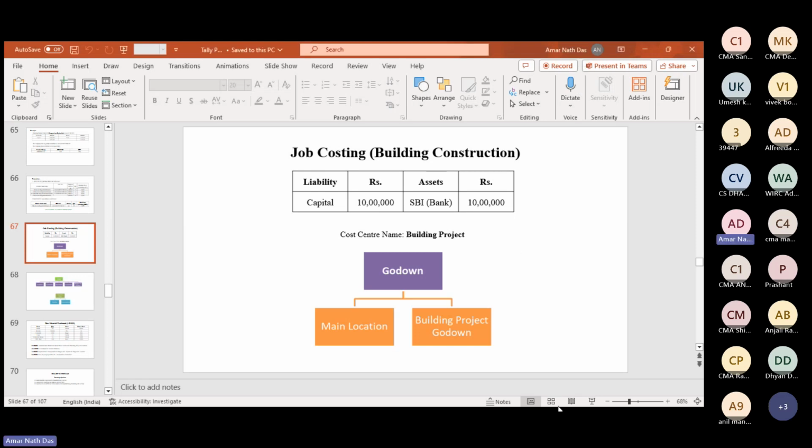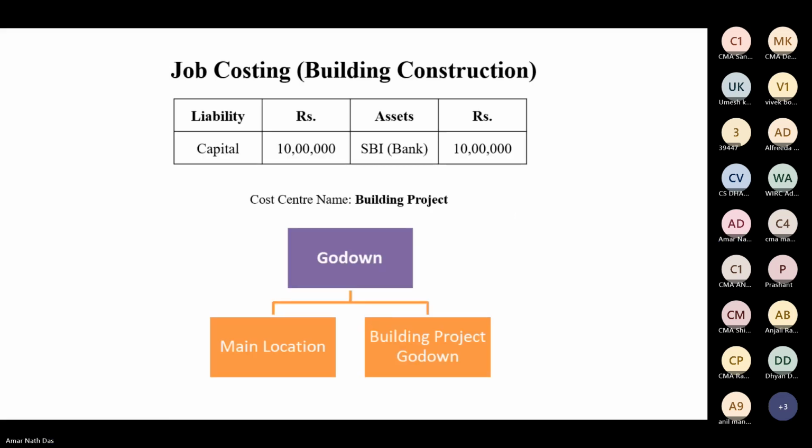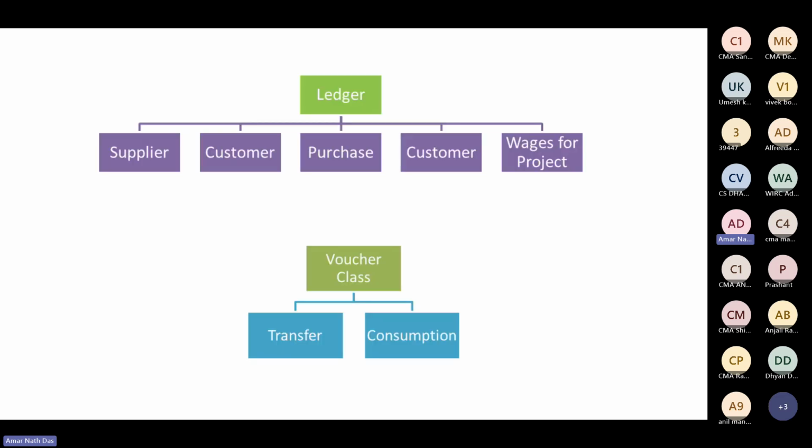So this is the first screen where the company opening balance sheet is given, then step building project, then next cost center creation, then godown creation. Thereafter creation of ledgers.